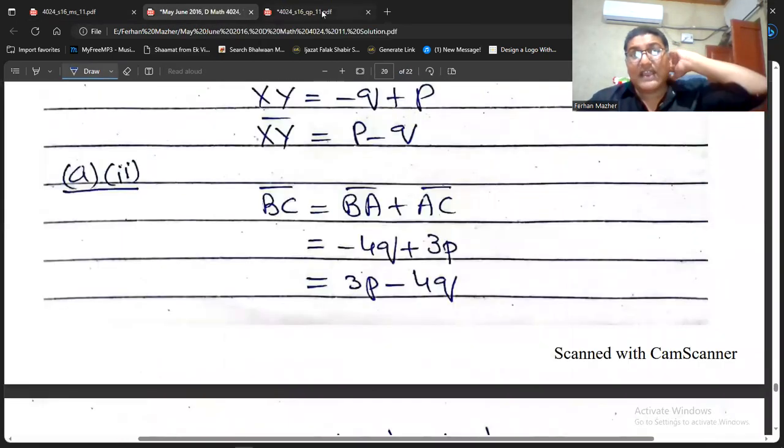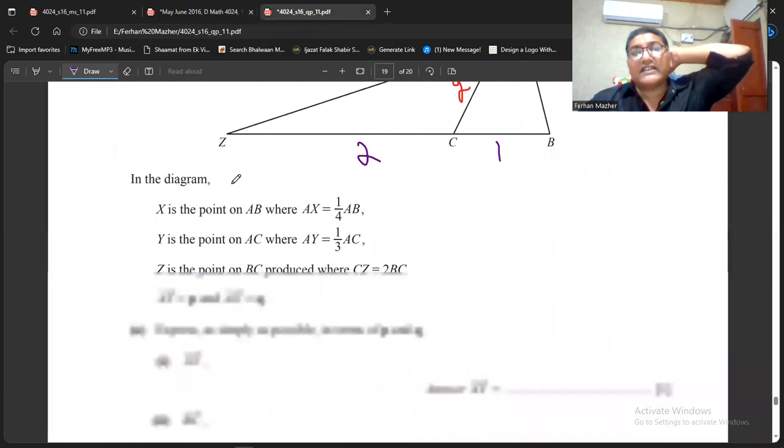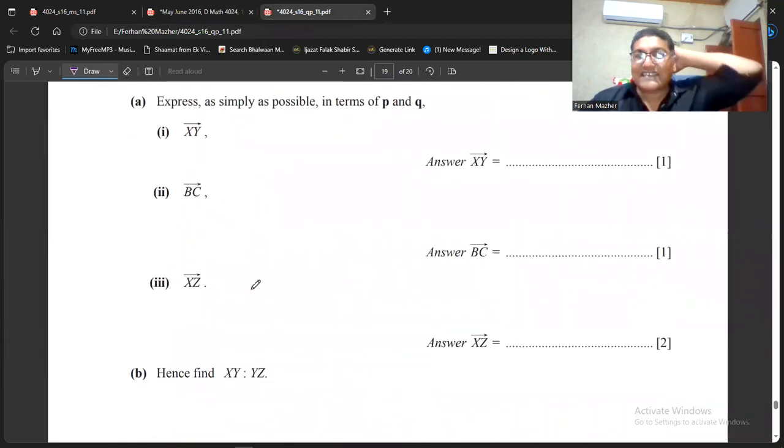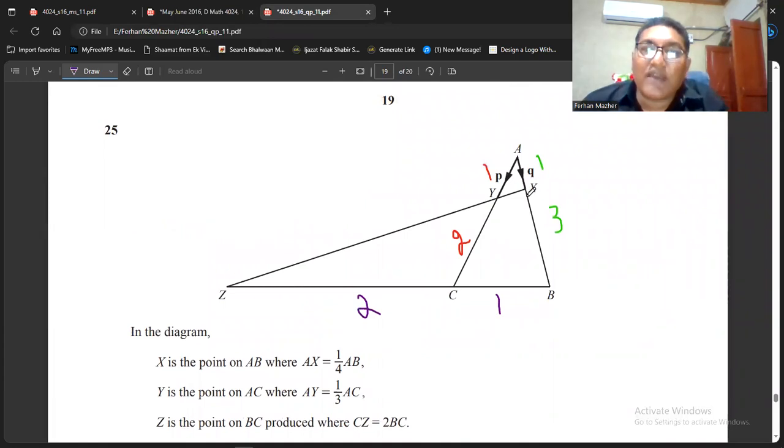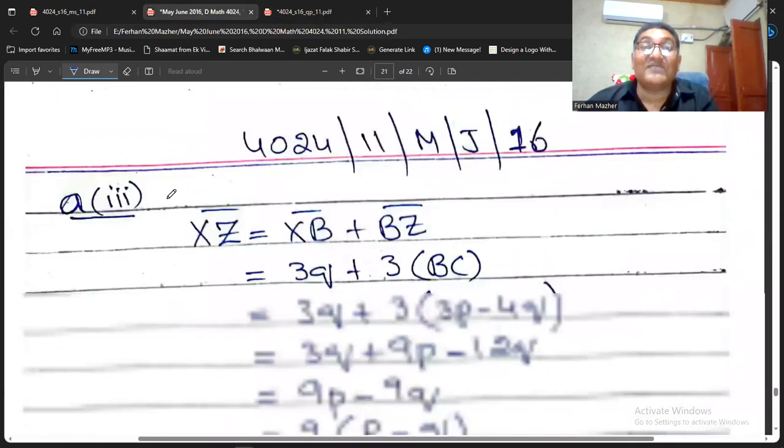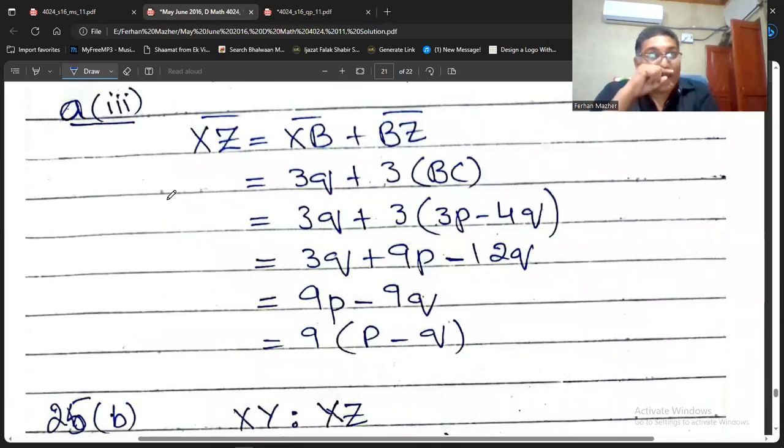Then we have the next question. They want me to find XZ. If you want to go from X to Z, you go from X to B, and from B to Z. That's the bypass. Let me show you how this is done. XZ is XB plus BZ. XB is 3Q, and BZ is 3 times BC.